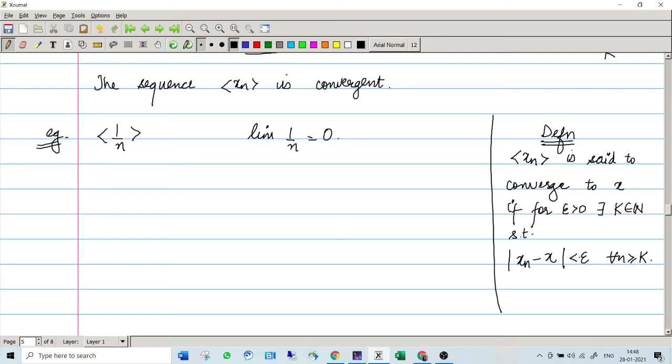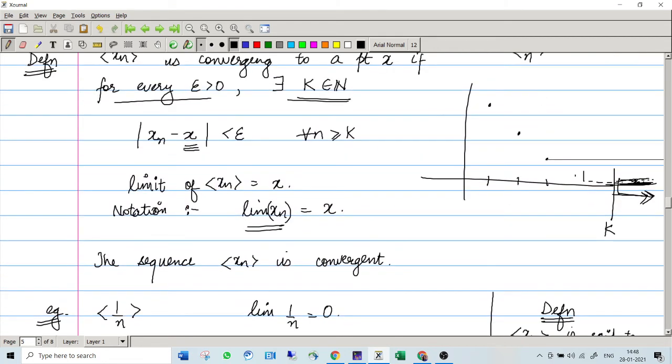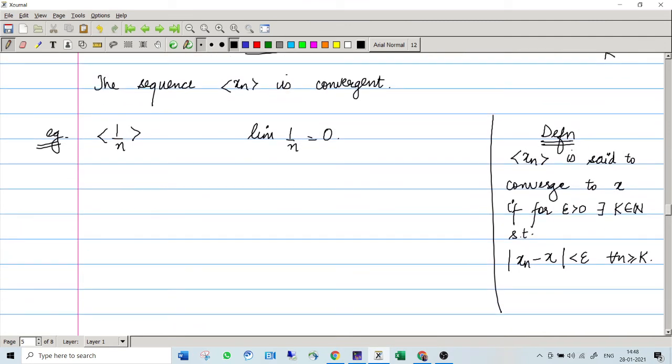So if you change your epsilon, then your k will change. As we considered above, if you take this distance as epsilon, your k was here. If you reduce the magnitude of epsilon, your k will be here. So your k basically depends upon epsilon, so we'll write it as k epsilon, right?